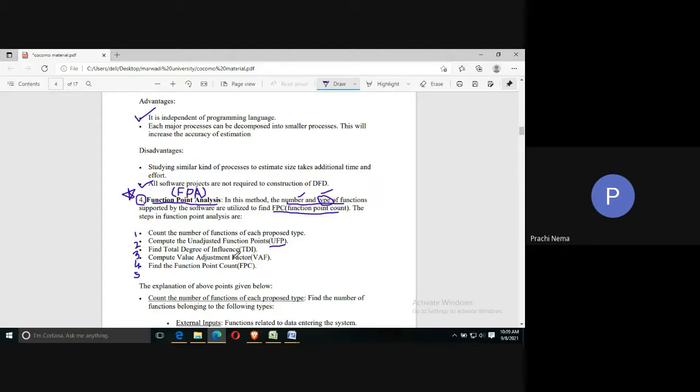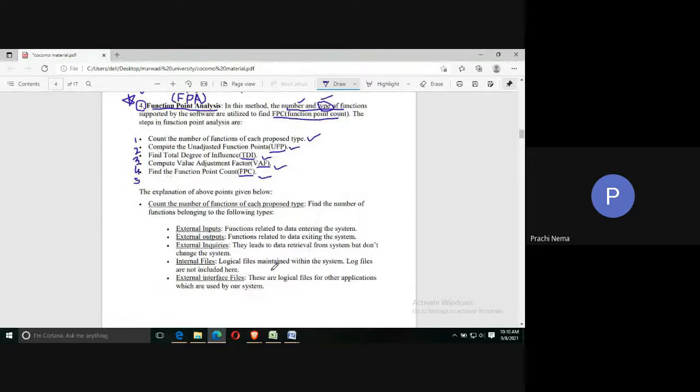Then comes calculating TDI, the total degree of influence. Then computing VAF, the value adjustment factor. And finally calculating the function point count. So first you need to know the types and count of the functions, then calculate UFP, then TDI, then VAF, and then finally FP.